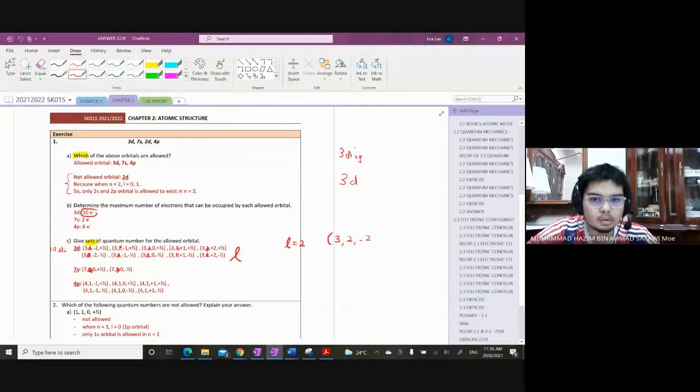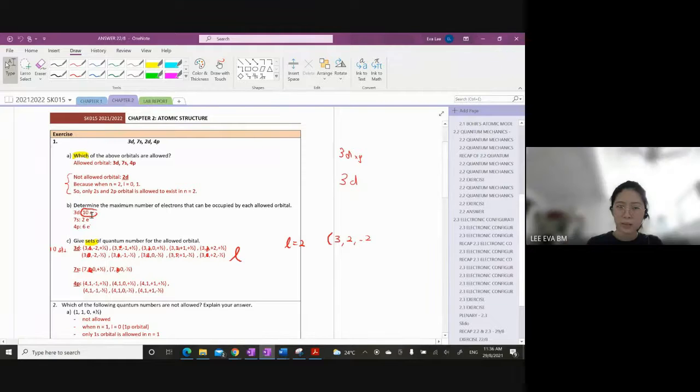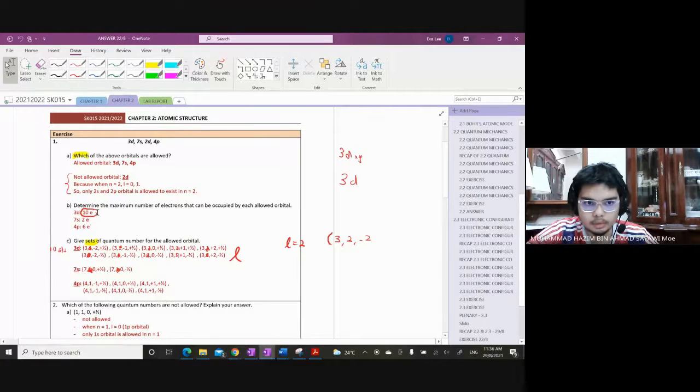Madam, regarding question 1B, can we actually write electrons instead of just e negative? You write electron, no problem. This one is a shortcut. I wrote 10 electrons, 2 electrons, 6 electrons because I forgot the symbol. At the same time, I wrote 3D and then L equals to 2 and then m and so on. Is that acceptable?